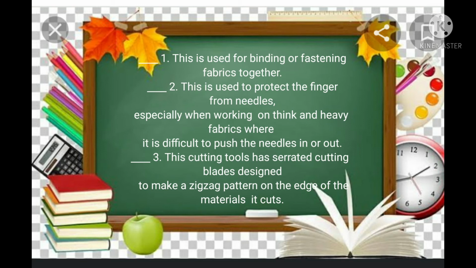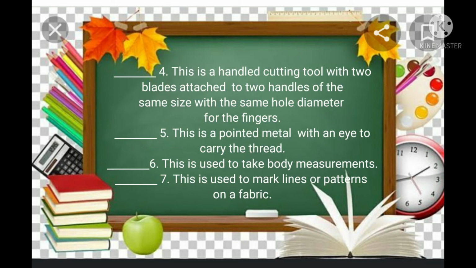Number 3, these cutting tools have serrated cutting blades designed to make a zigzag pattern on the edge of the materials they cut. Number 4, this is a handled cutting tool with 2 blades attached to 2 handles of the same size with the same hole diameter for the fingers.